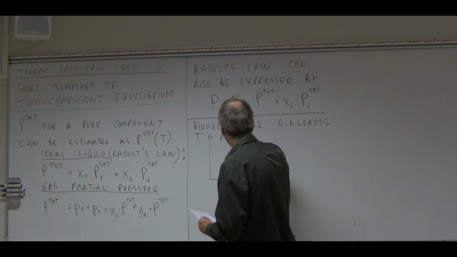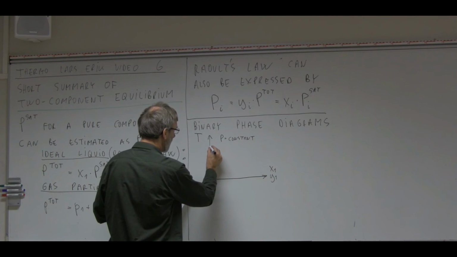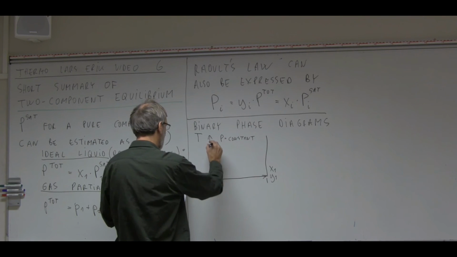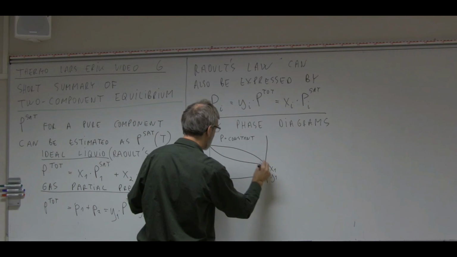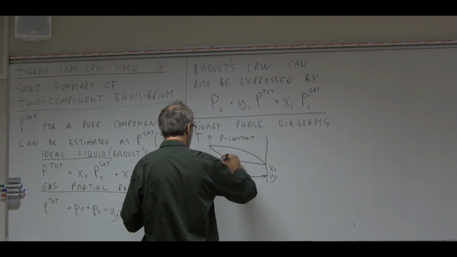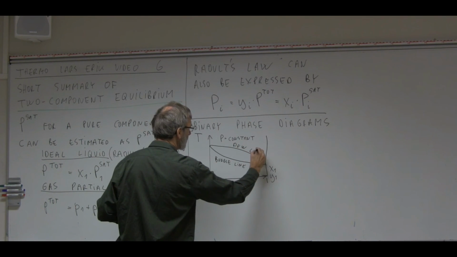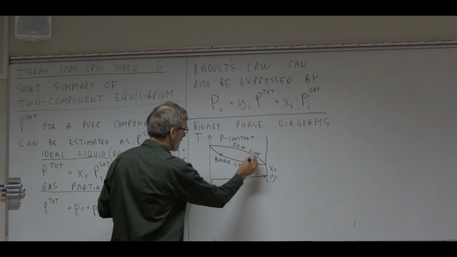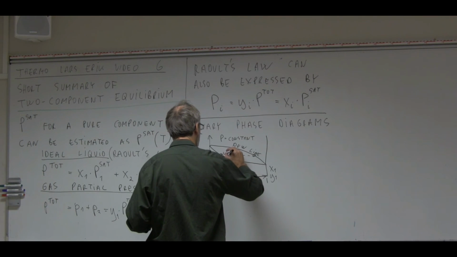The pressure is constant, and if this is 0 and this is 1, it looks about like this, where this is the bubble line, this is the dew line, and these two points are in equilibrium.